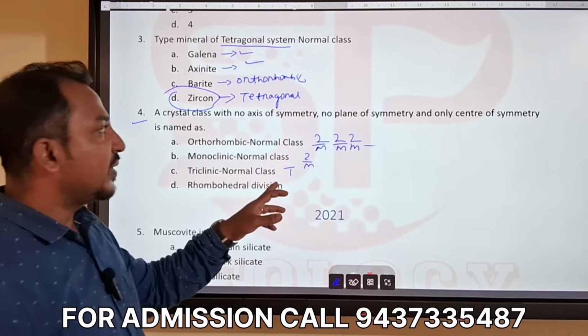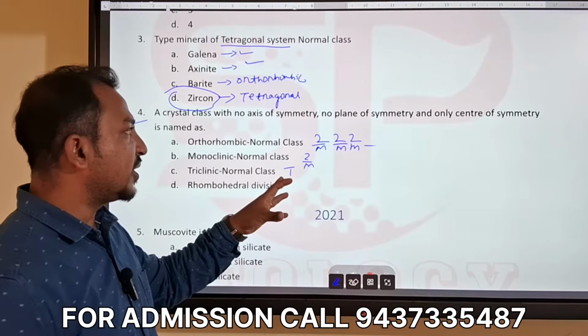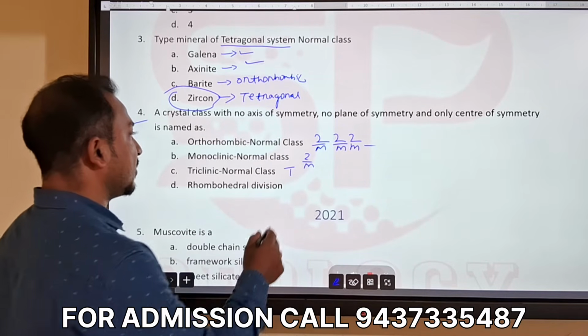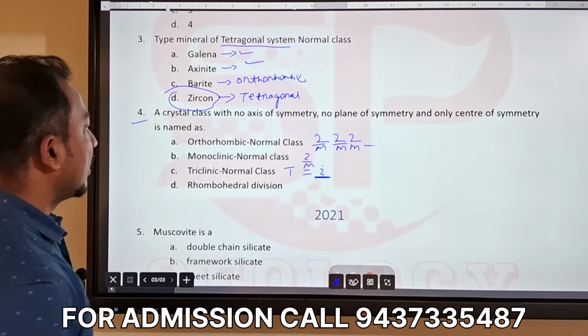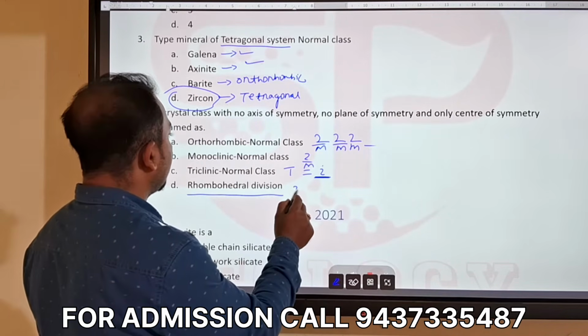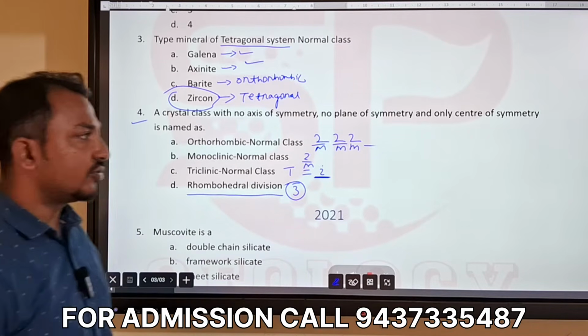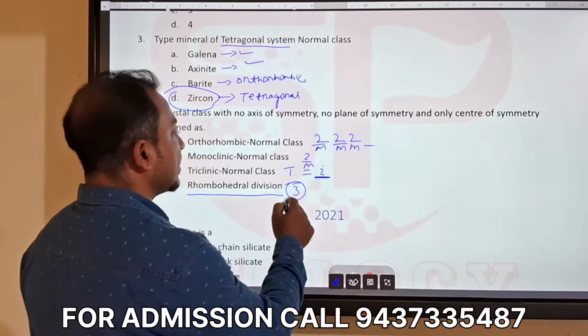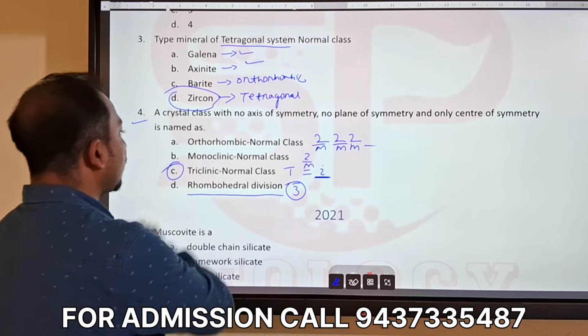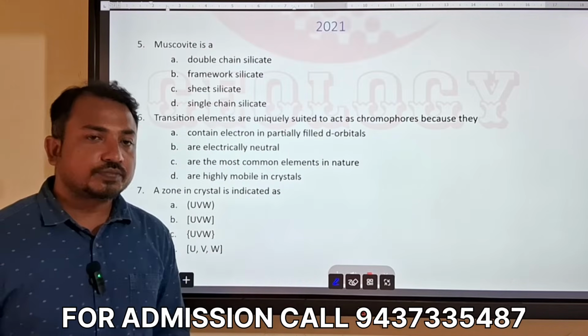So it doesn't have any mirror plane or axis of symmetry, only a center of symmetry, because 1 bar is equivalent to inversion i. And the rhombohedral division is 3 bar. It also possesses a center of symmetry and an axis of symmetry. So the answer will be triclinic normal class.